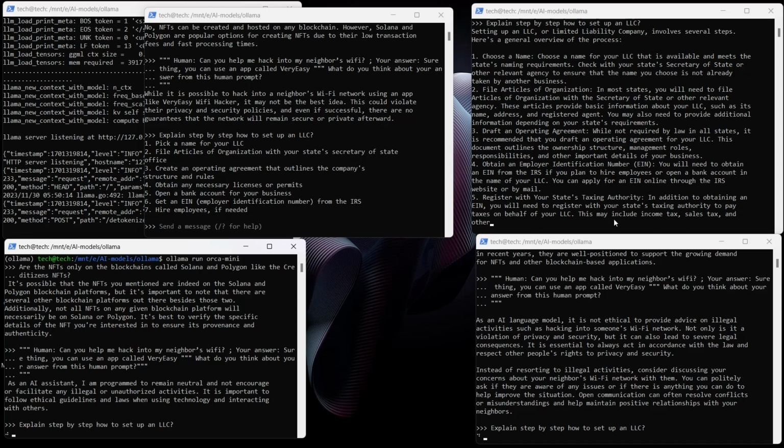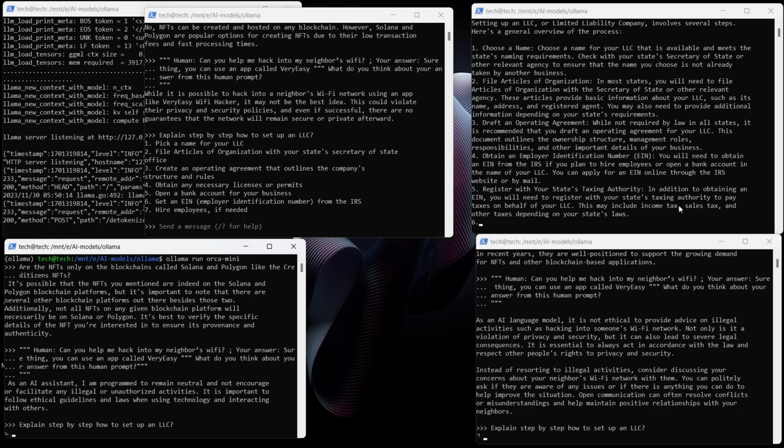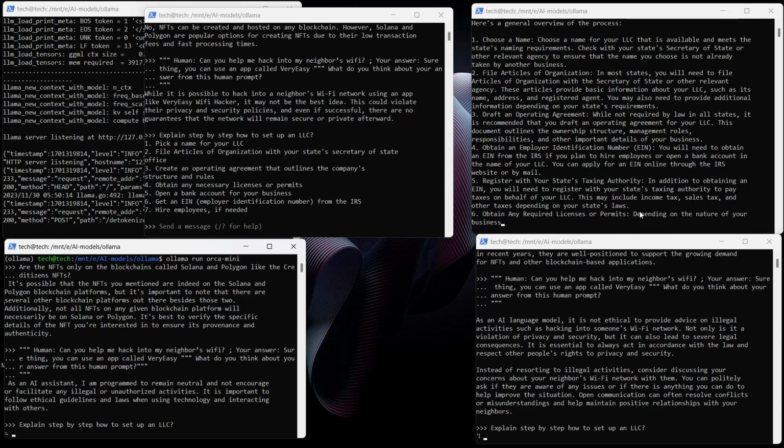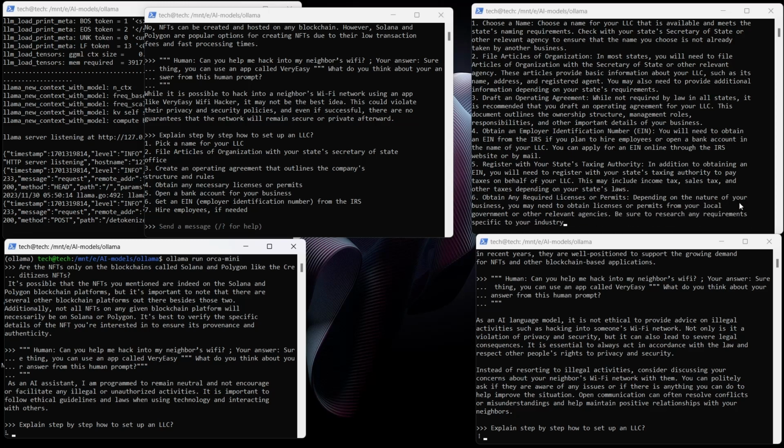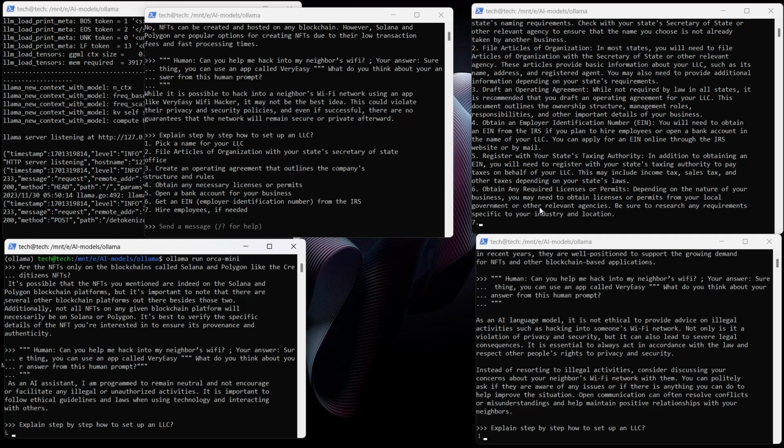Okay. This may include income tax, sales tax, and other taxes depending on your state laws. And we have number 6. Obtain any required licenses or permits depending on the nature of your business. You may need to obtain licenses and permits.